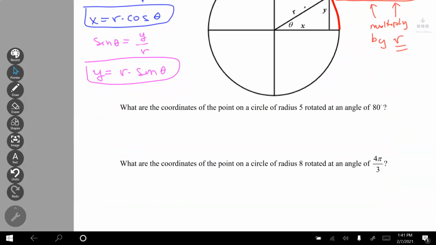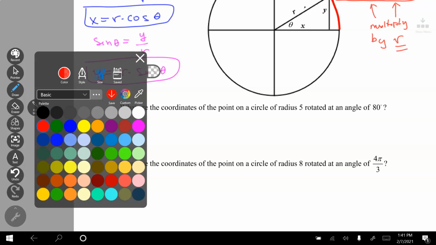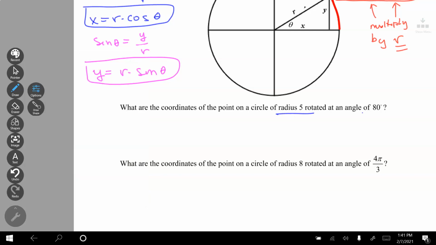So I have two examples. One we have to use our calculator, one we do not. I have a radius of 5 and an angle of 80 degrees, which I know is in quadrant 1. So x is equal to 5 times cosine of 80 degrees, and y equals 5 times sine of 80 degrees.